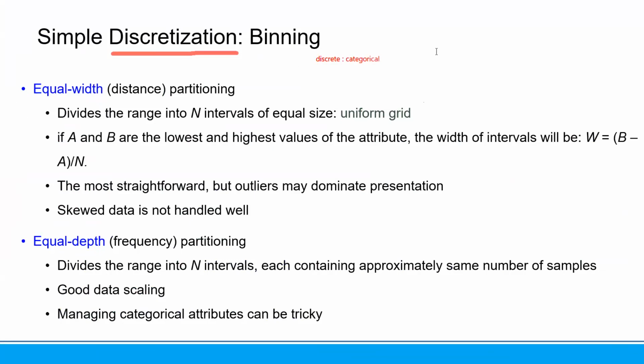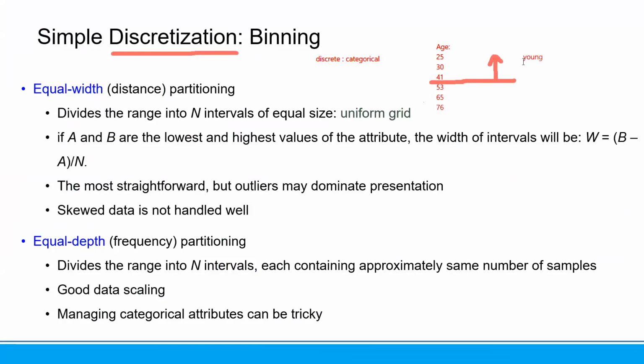I have age. I have the data 25, 30, maybe 41, 53, 65, maybe 76, and so on. So I can make it discrete. How? I can say that a person lower than 50, maybe I can say they are young.